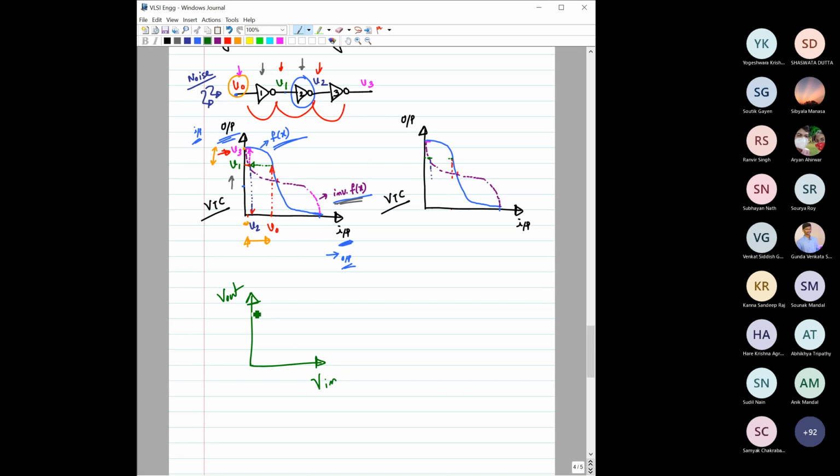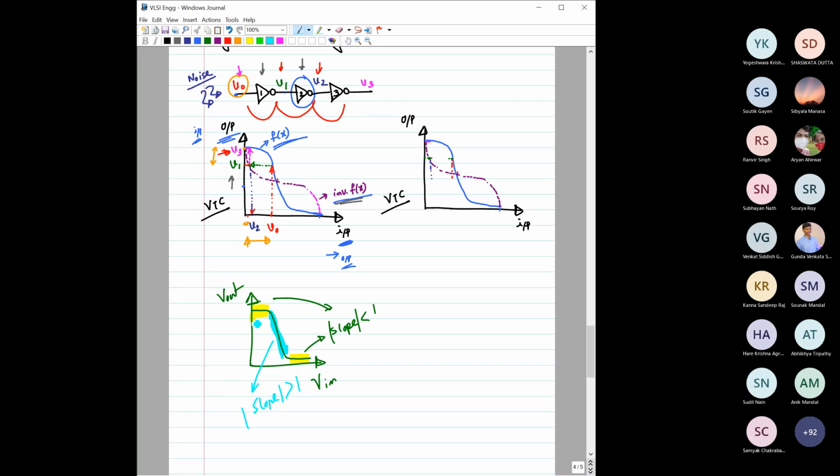That means it should have some region where the mod of slope is less than 1, these two regions, and it should have some region where the mod of slope is greater than 1.